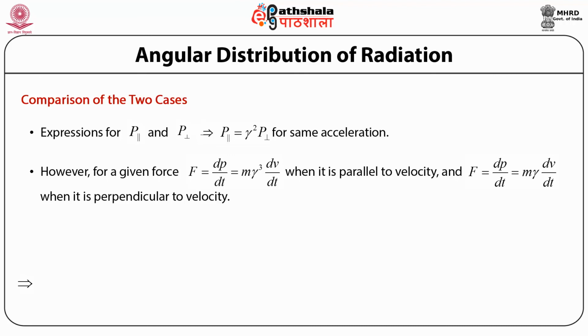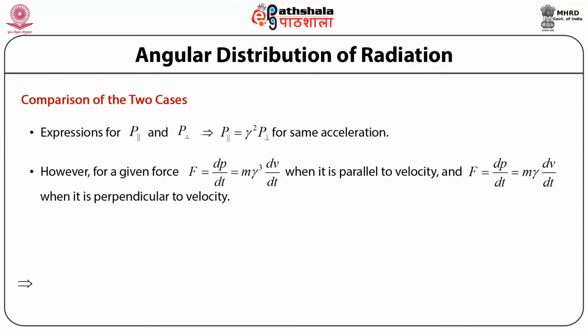So for a force parallel to the velocity, F equals dp by dt equals m gamma cube dv by dt. On the other hand, for a force applied normal to velocity, F equals dp by dt equals m gamma dv by dt.